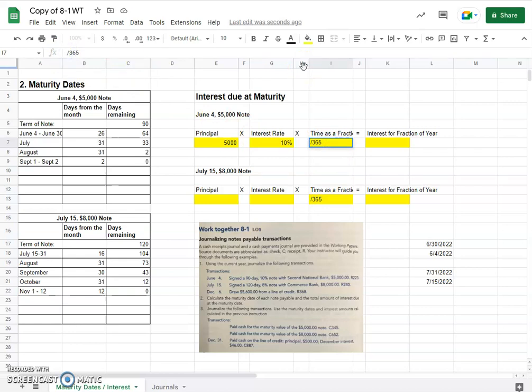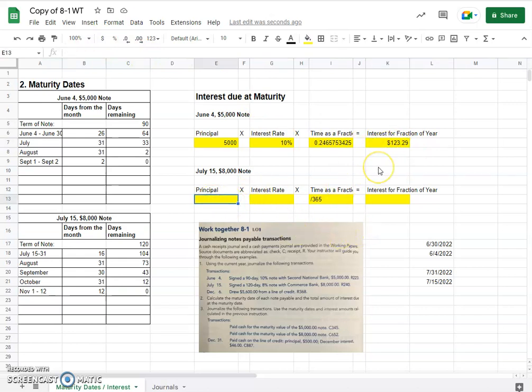So I went ahead and filled that in for you. And it's just a 90 out of 365. You might have to put an equal sign in front of that to make it calculate. Okay. So the interest for the fraction of the year is just principal times interest rate times time would be $123.29. You could go ahead and put that in dollars so that it rounds appropriately.